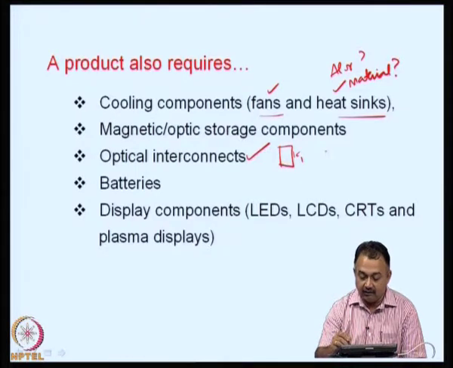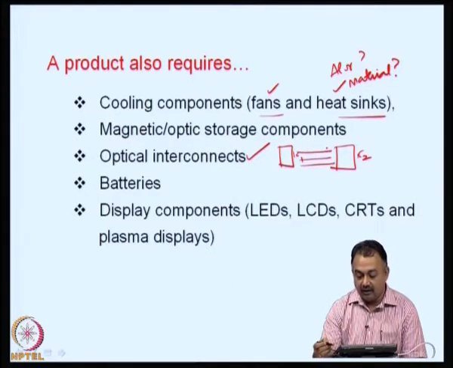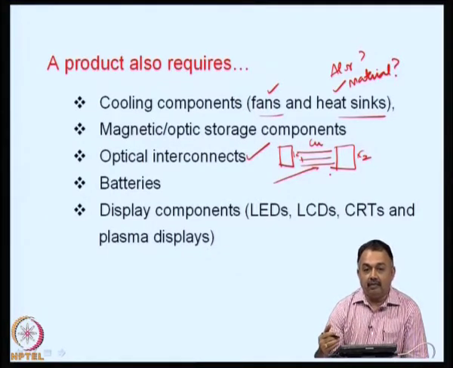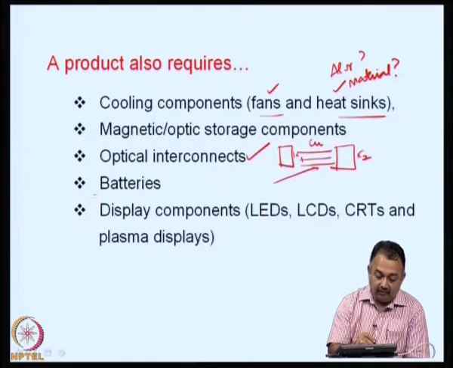For example, if this is IC 1 and if this is IC 2, normally you have connectors or conductors that is normally copper, but today people are looking at how to interconnect these 2 devices by optical methods, so that the signals are clear, there is no loss in signal propagation, and there is less delay in signal propagation, as well as we also look at other various electrical issues that are normally presented when you use a metallic conductor.